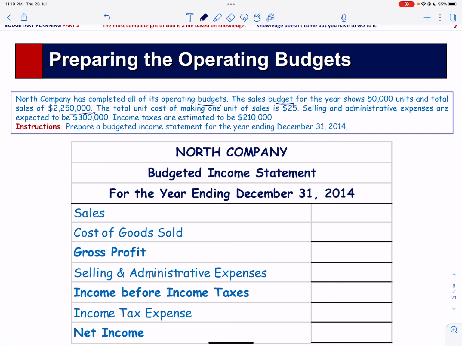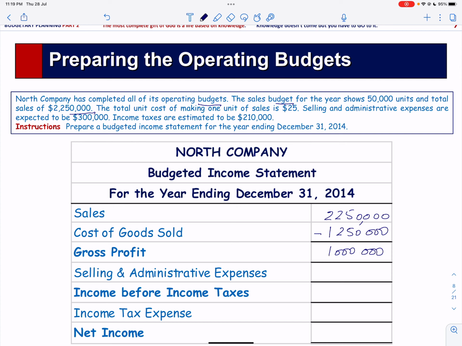So we have the sales, and the sales is 2,250,000. The cost of goods sold is 1,250,000. So the gross profit is 1,000,000, 1 million.